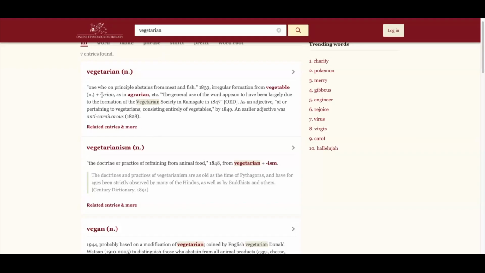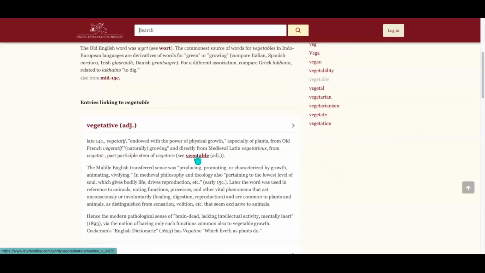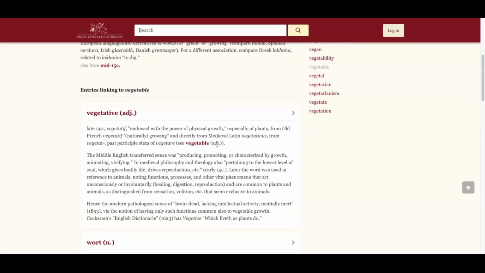So then we have ARIAN as a suffix in the way it's written here. But if I look at the word vegetable, and it's written as an adjective down here, vegetare, vegetable, I wouldn't necessarily take the word vegetable apart.